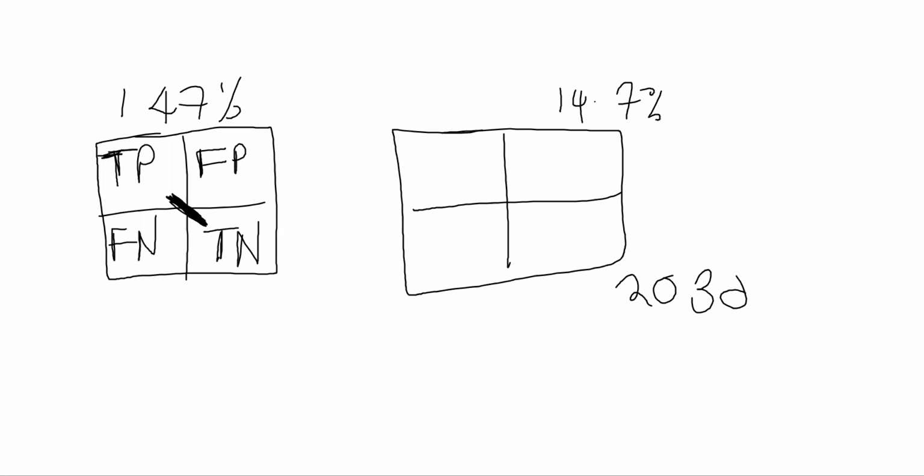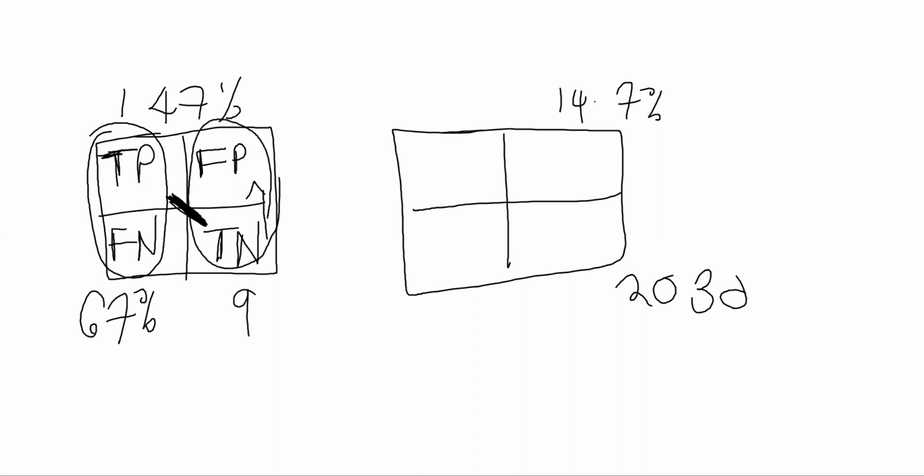So in the other numbers for the colon cancer screening, it was a 67% sensitivity rate. So the sensitivity rate is over here, that number, whatever variable that is, right? And the specificity was 91%.